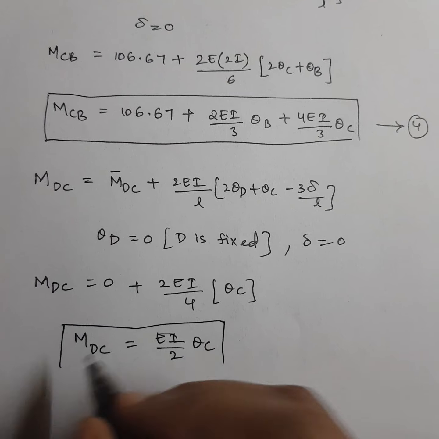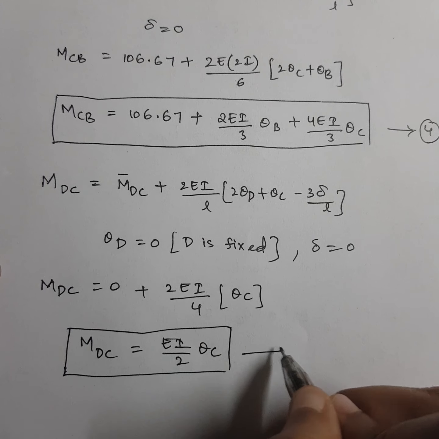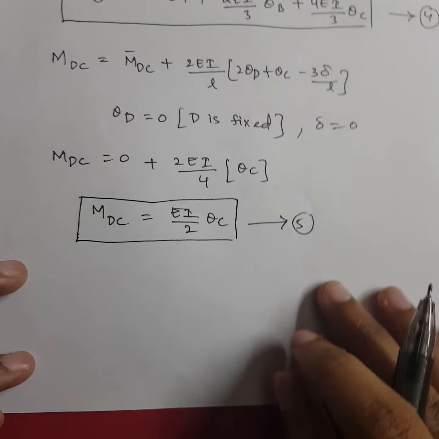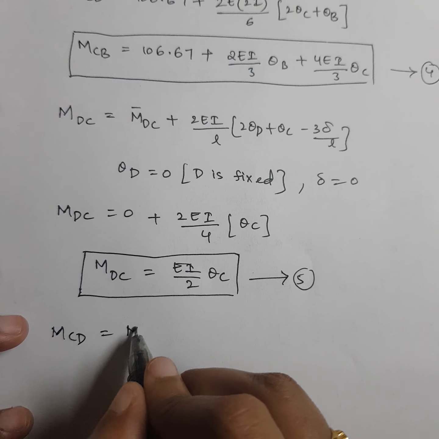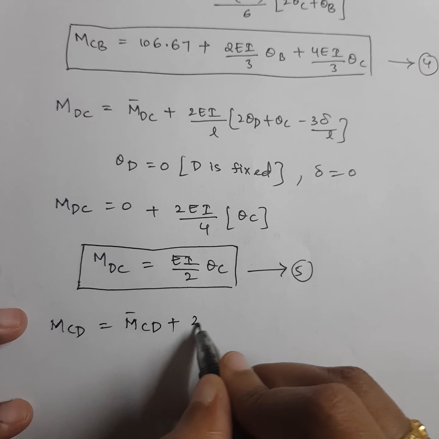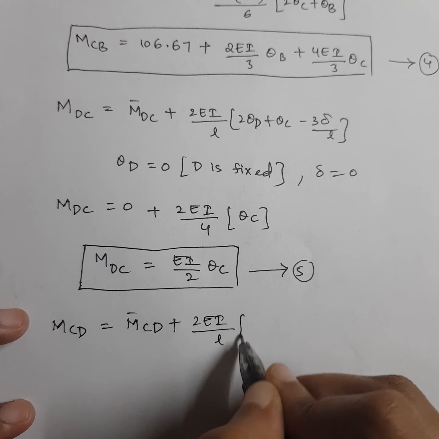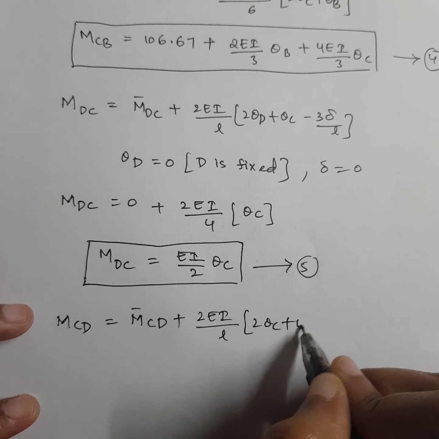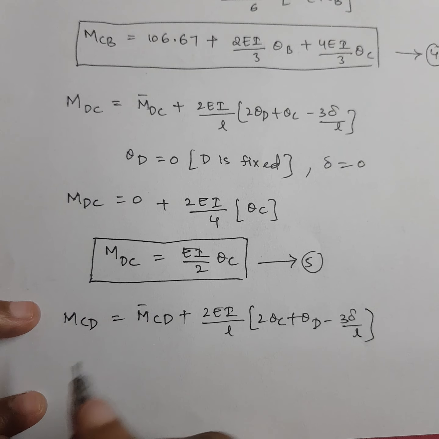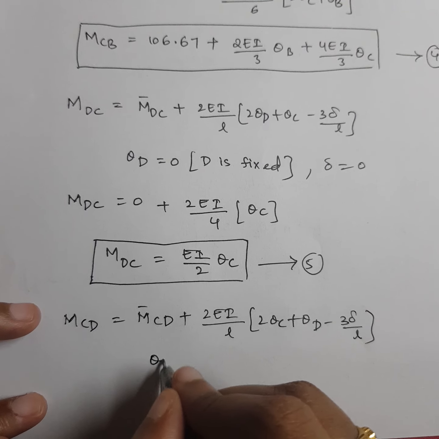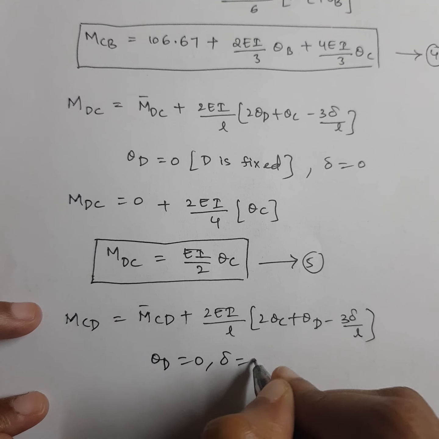This is equation number 5. Similarly, let's write for MCD. MCD is equal to M bar CD plus 2EI by L into (2 theta C plus theta D minus 3 delta by L). Okay, and similarly for this, theta D is 0, delta is also 0.